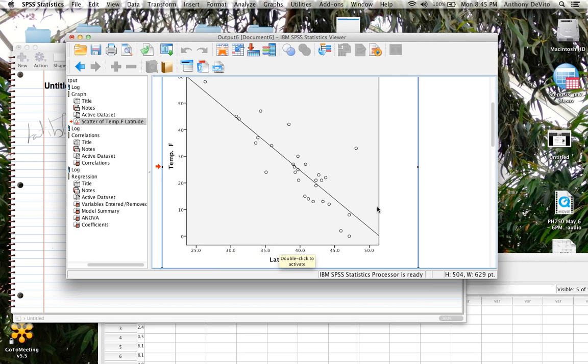So this graph gives us an idea of where we would expect these cities to be, roughly. Now, there are some that are pretty far off this line, like for instance, this value right here. This value is a temperature of 38 and a latitude of 48, let's say.